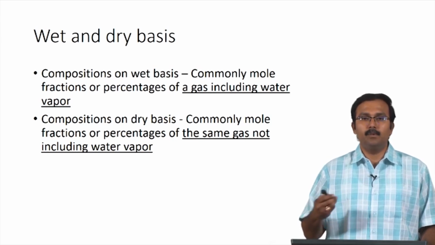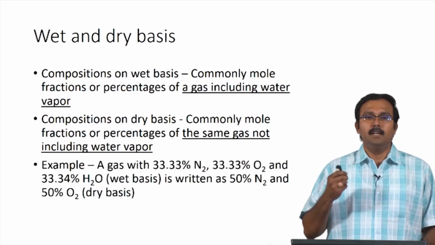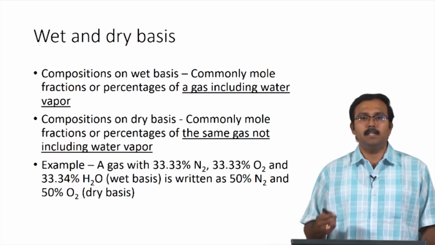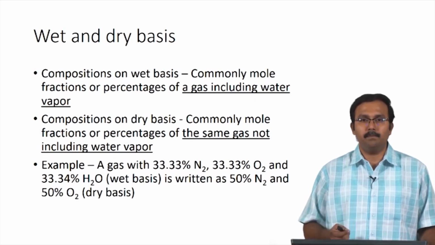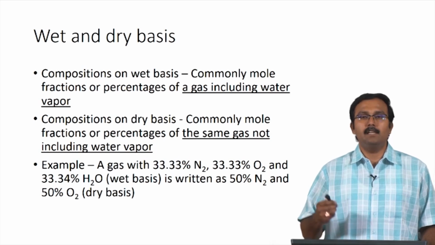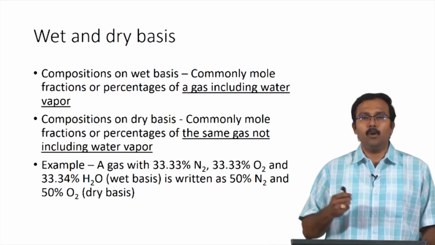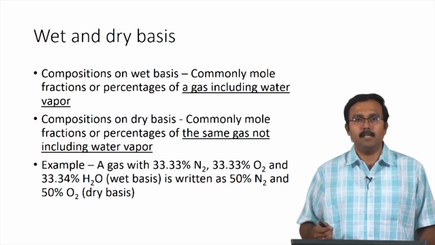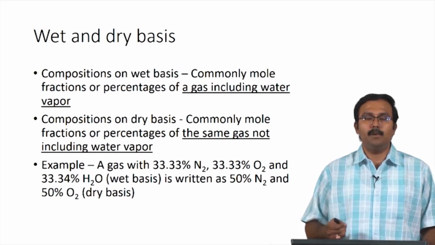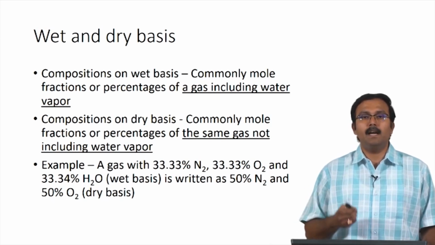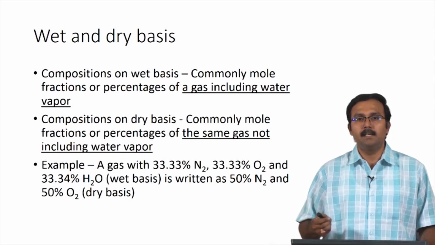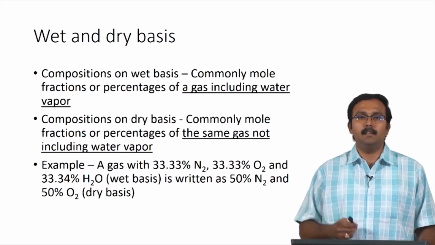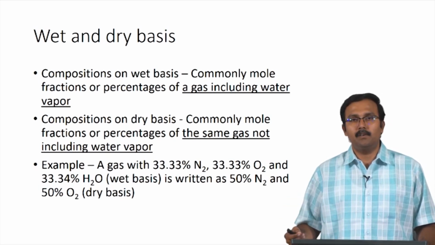Here is an example just to illustrate this. If you have a gas which contains 33.33% nitrogen, 33.33% oxygen and 33.34% water vapor, then this is called the wet basis. It can also be written as 50% nitrogen and 50% oxygen on dry basis. This is because if we were to assume 100 moles of the total gas, you would have 33.33 moles nitrogen, 33.33 moles of oxygen and 33.34 moles of water vapor.